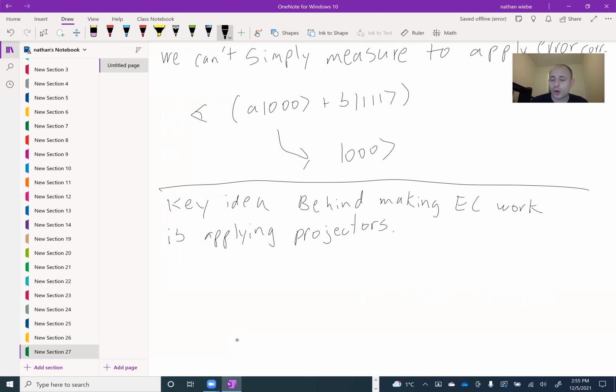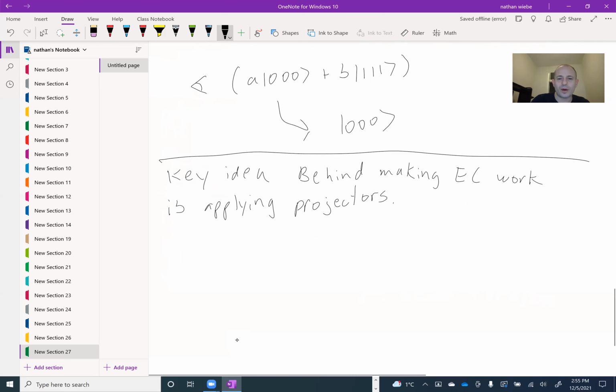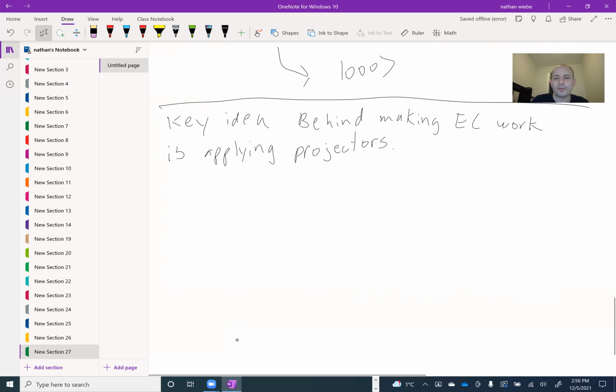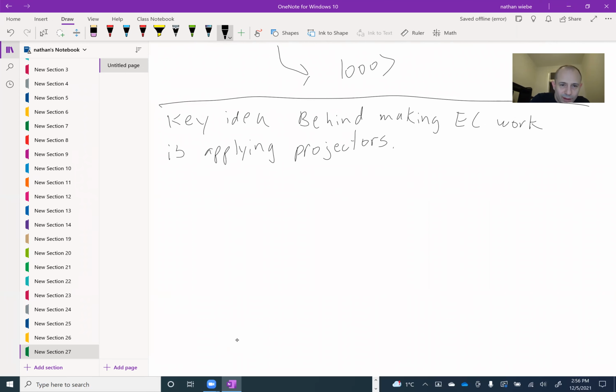So let's assume that we have the following type of error. Let's say that we have our space set up like this, and we have our quantum state down here, which we'll encode in a 3-qubit repetition code for simplicity. Let's say it's A000 plus B111.